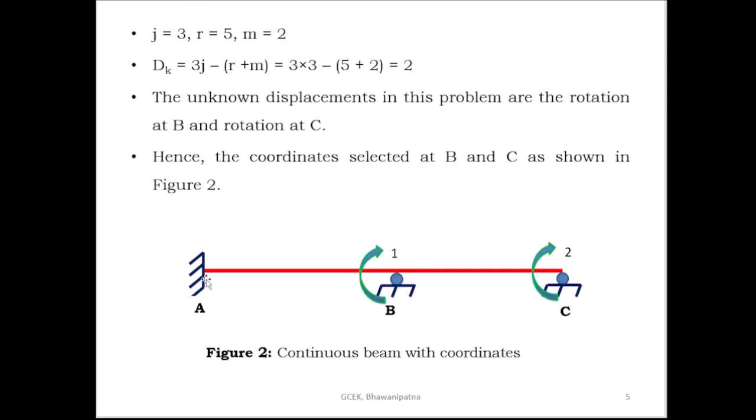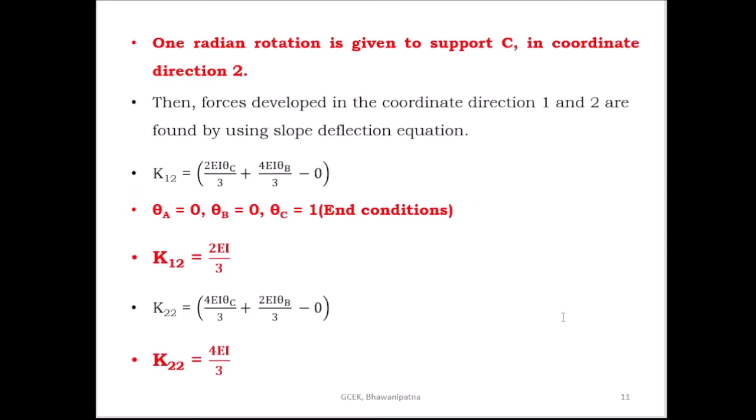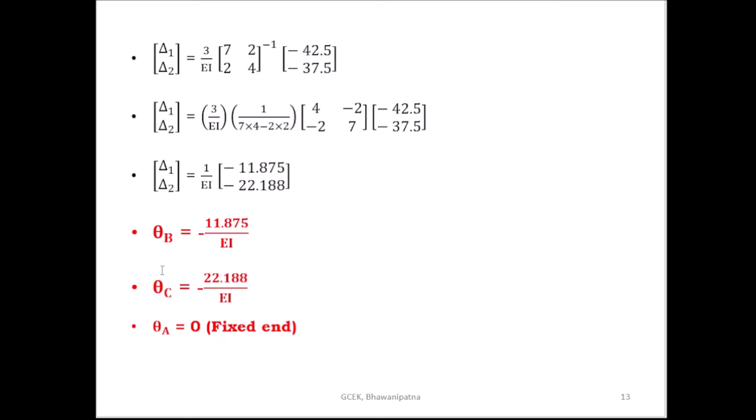So here you got theta A is 0, the displacement at coordinate 1 is theta B and the displacement at coordinate 2 is theta C.